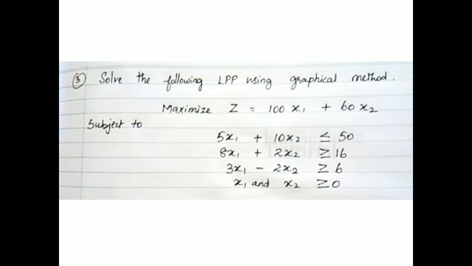As we used the technique for solving previous problems, the technique was to convert the inequality constraint equation into the equation form, and from that equation finding the set of points for x1 and x2, using those set of points to plot the line on the graph paper, and the same procedure was followed for all the constraint equations.